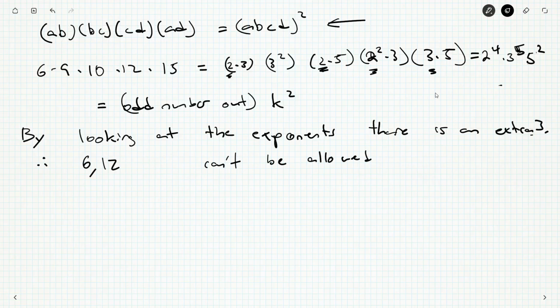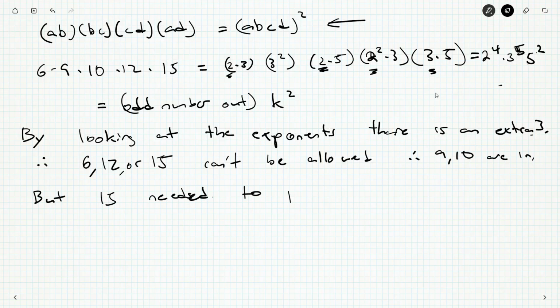So 6, 12, or 15 can't be allowed. Therefore, 9 and 10 are in. But 15 is needed to pair 5s with 10. Therefore, 6 or 12 can't be allowed.